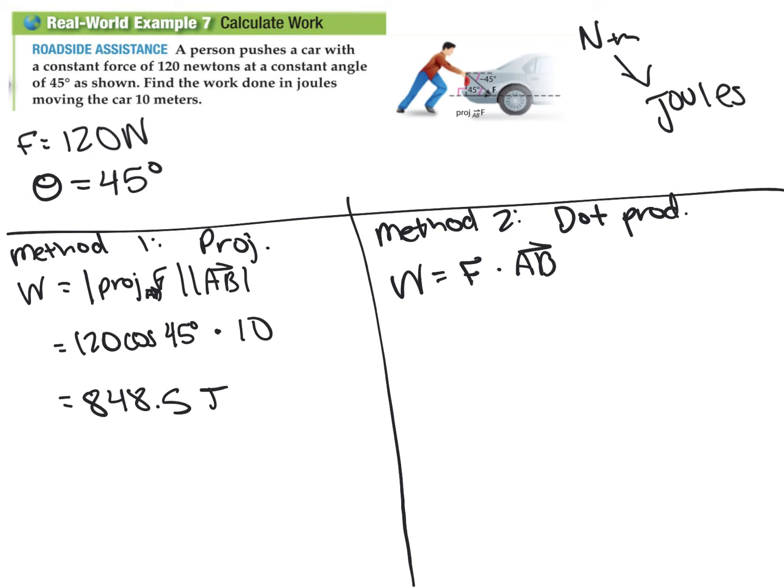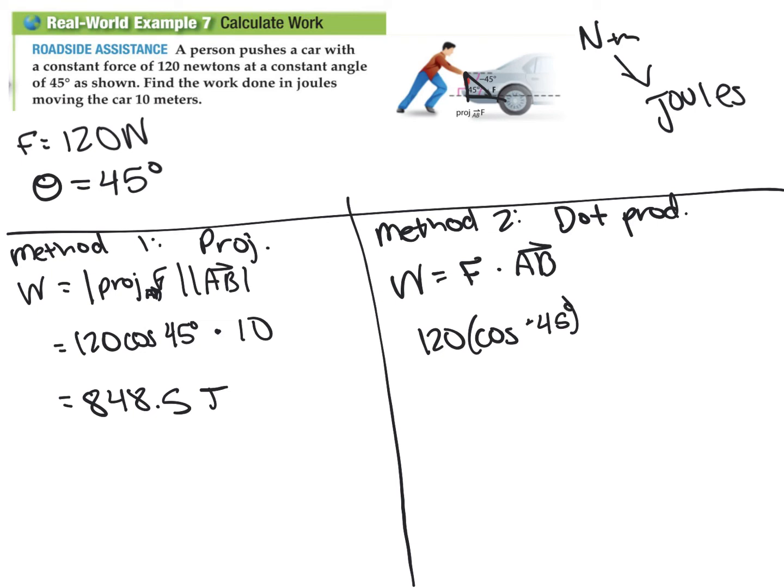We need to write the component form of our vector F. We don't have it in component form, but if you look at that right triangle, we see that we do 120 cosine of negative 45 degrees, based off of starting from the true bearing and going backwards.